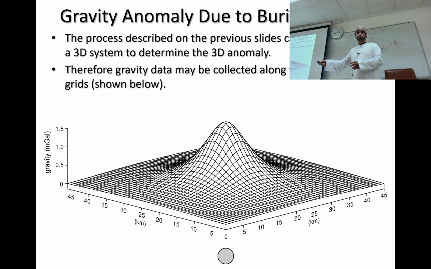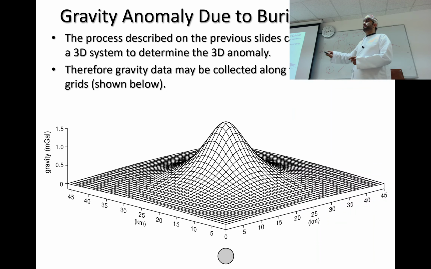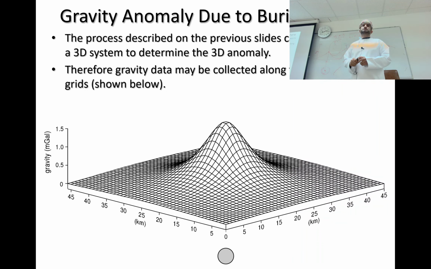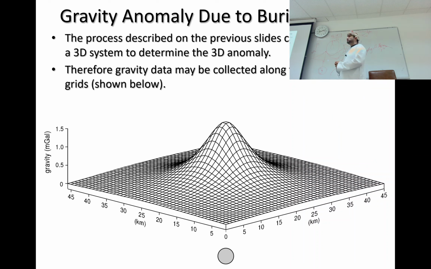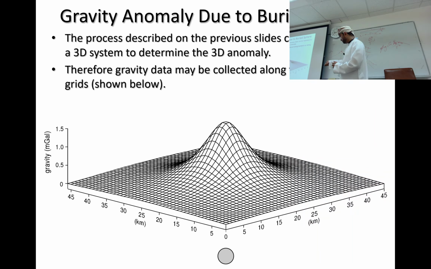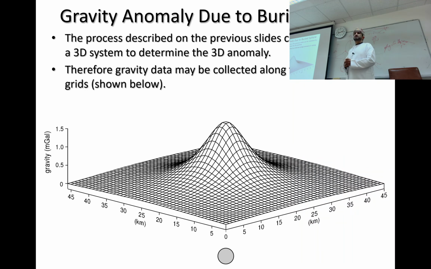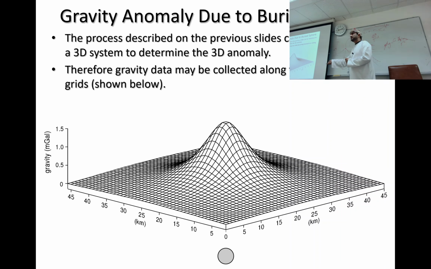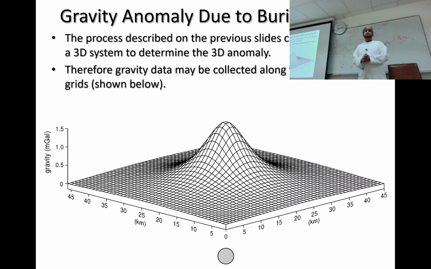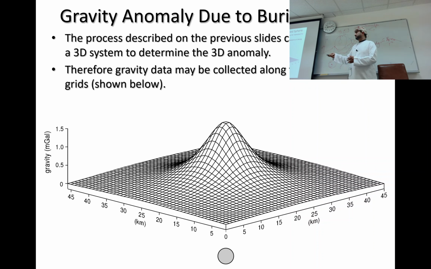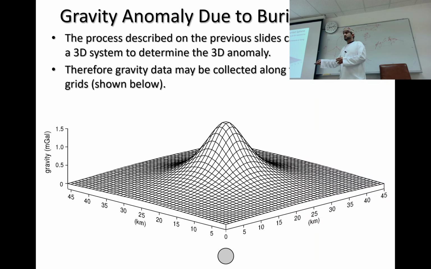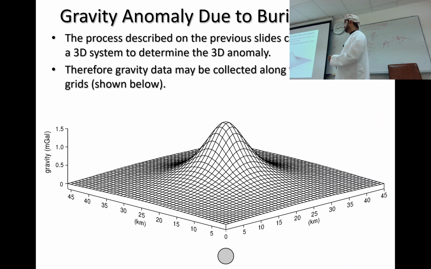Is it a positive anomaly or a negative anomaly? That's a positive anomaly, assuming that the body here has a denser material. The density of this body is larger than the surrounding host rock. I get a positive. If it's opposite, I get a negative anomaly.